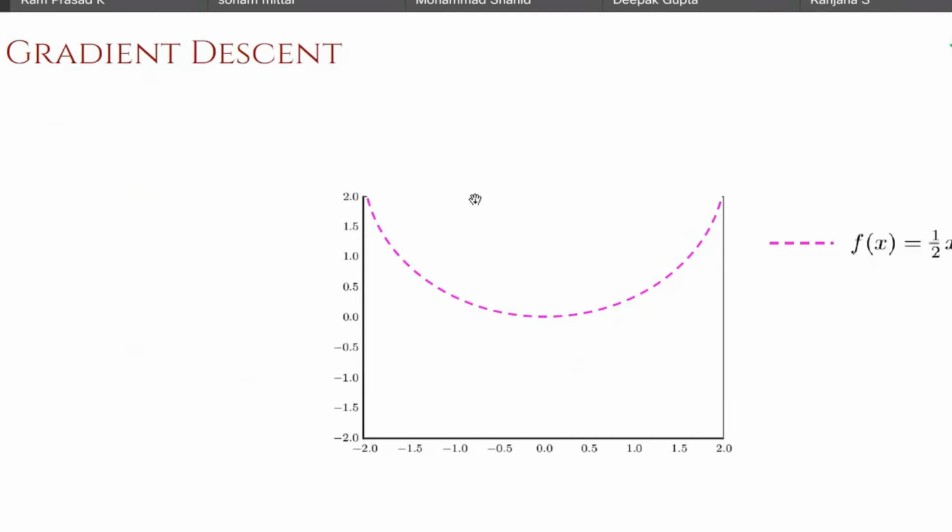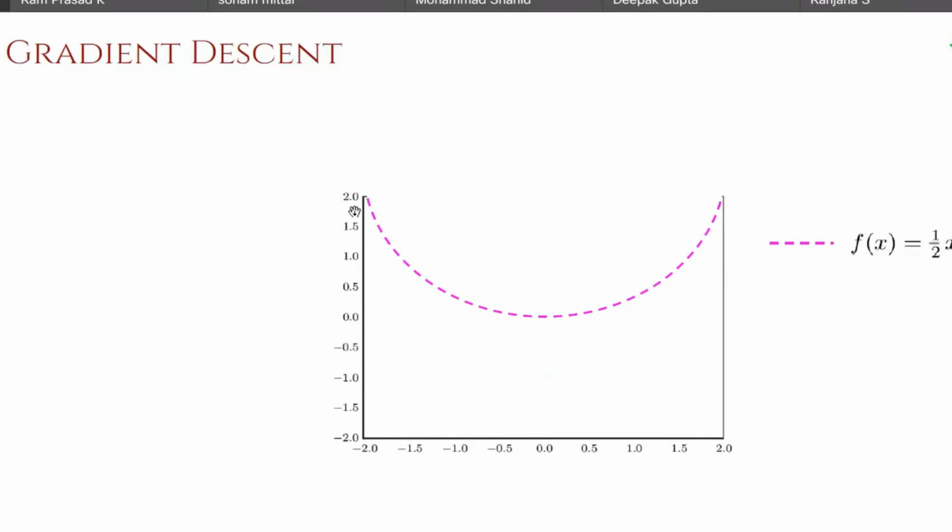Now, from the entire optimization point of view, let us take a function f of x, which is defined as half x squared. This is a quadratic function, and if you plot a graph for various values of x, it looks like this.